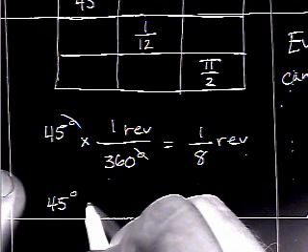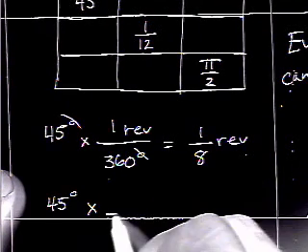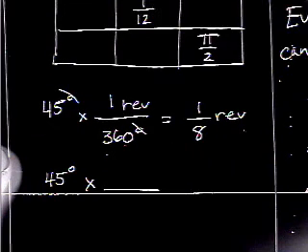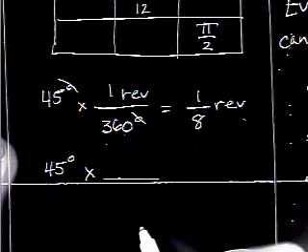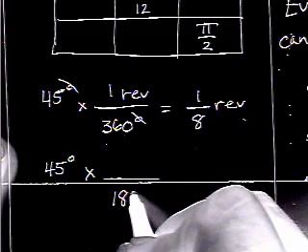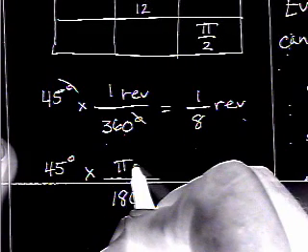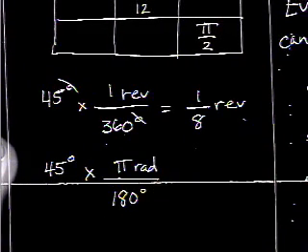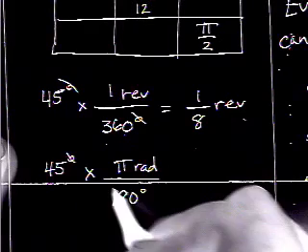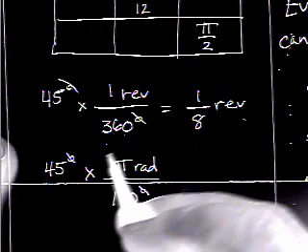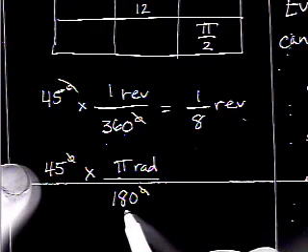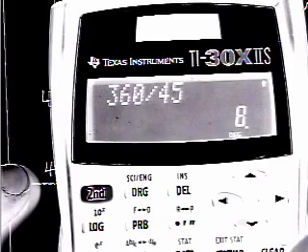Well, what about radians? If you want to convert that to radians, you start with your 45 degrees. 180 degrees is equal to pi radians. That comes from the unit conversion that you wrote down at the top. The degree units cancel. 45 happens to go into 180 nicely.